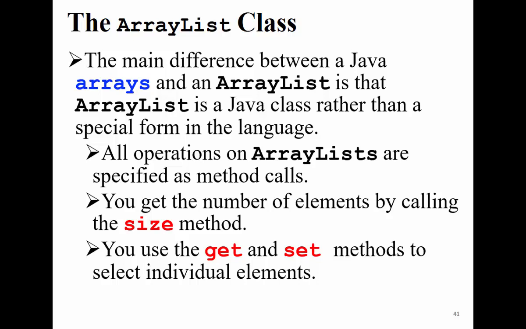Yes, the list exists. It's empty. Yes. We can change the size of the list. You can define a list of a particular size and change the size of the list. But with an array, you cannot change the size of the array once you define it.